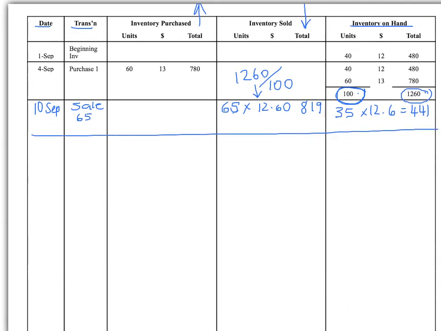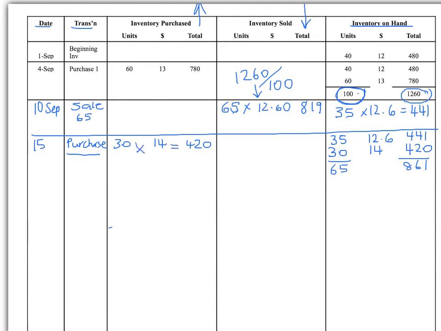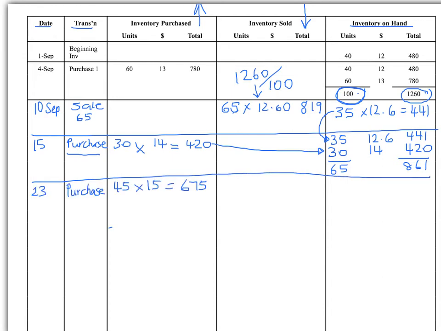What's our next transaction? Next transaction is a purchase of 30 units that cost $14 each. So what I've done is I've copied the last balance down and then underneath that I've put my new purchase. I made another purchase of 45 units.